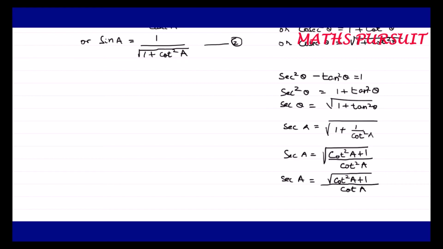So we have got root over of cot square A plus 1 upon cot A. Now guys, you could see that this is what we got, so I can write it here also: sec A is equal to root over of cot square A plus 1 upon cot A. This is equation number 3.